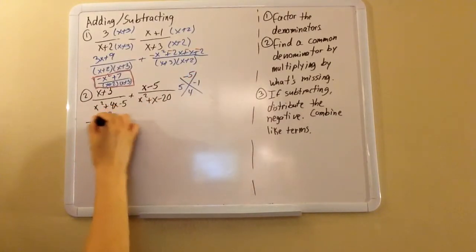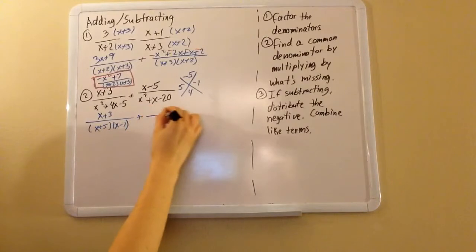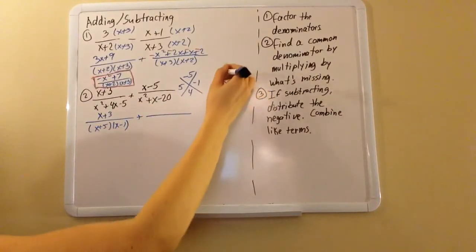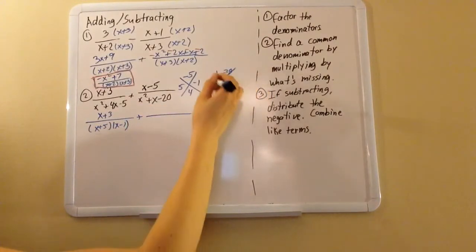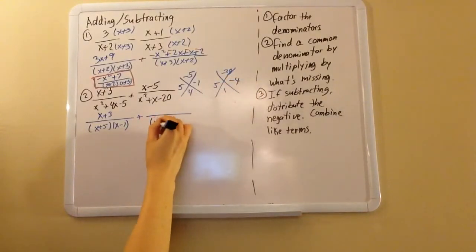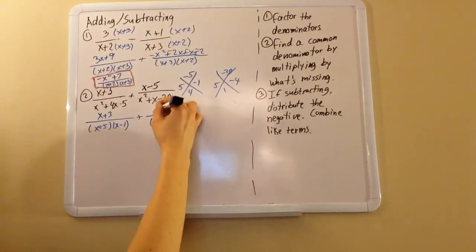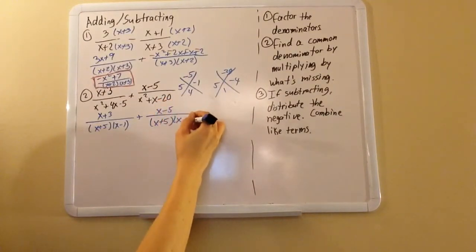It's x plus 3 over x plus 5 times x minus 1. The second one, I have -20 on the top, 1 on the bottom, so that's 5 and -4. So that's going to be x plus 5 times x minus 4 and x minus 5 on the top.